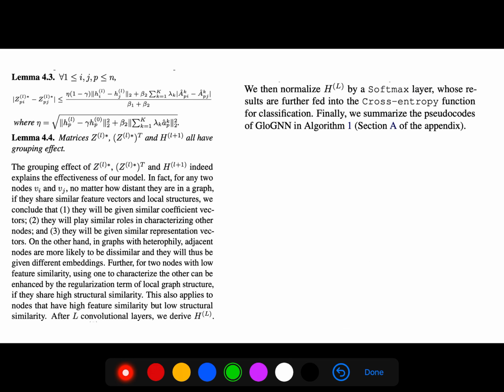This grouping effect explains the effectiveness of their model. In fact, for any two nodes, no matter how distant they are in a graph, if they share similar feature vectors and local structures, they will have similar coefficients, play similar roles in characterizing other nodes, and be given similar representation vectors.